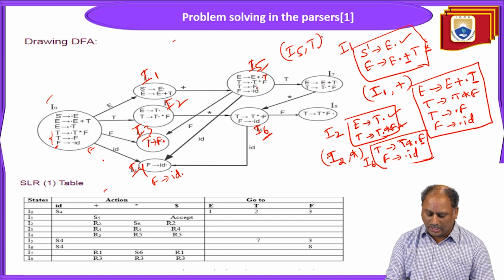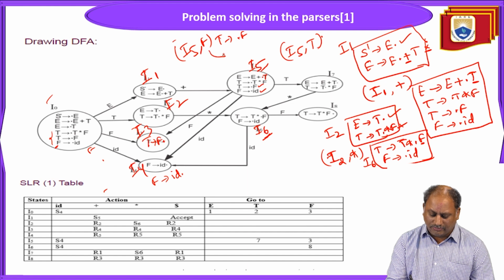Again, we have to find capital T, which we have computed, then capital F and ID also. If we perform I5 comma capital F, the production already contains T derives dot F. Now if you perform the closure of I5, it gives the production T derives F dot. This is already in state I3, which contains only this production.